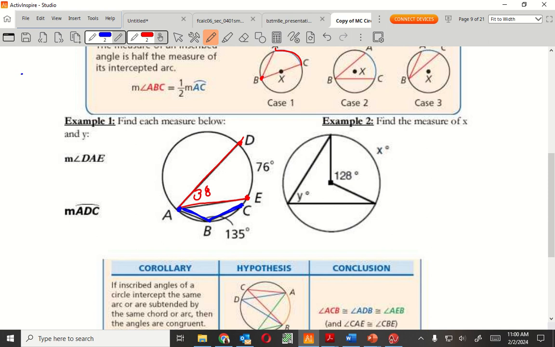So I know that the inscribed angle is half of the arc. The arc is the measurement around the outside where they go together. So if the inscribed angle is 135, the arc should be twice that. What is twice 135? 270. Very good. So right here, the arc from A all the way over here down to C is going to be 270.